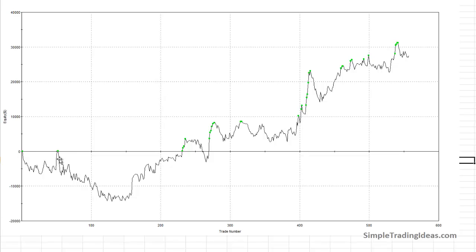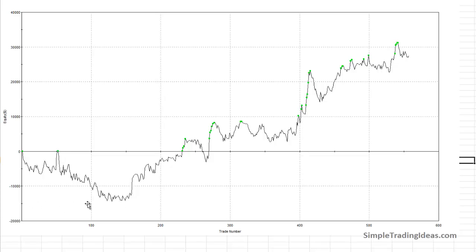Okay, so something else important is that you see from here all the way through here, that's 0 to, wow, about $15,000 down there. So that's significant because that's our maximum drawdown.